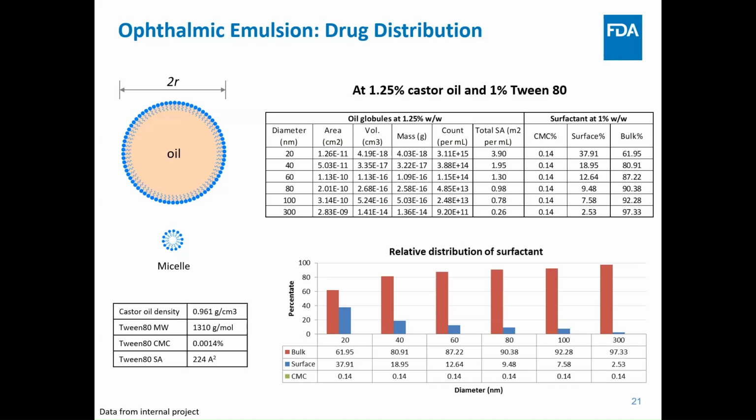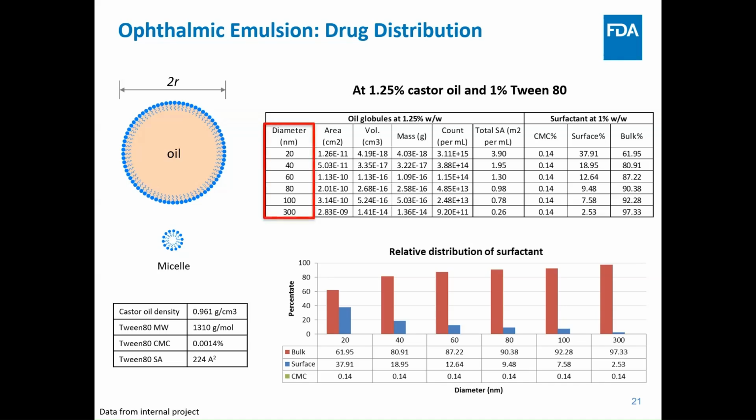In the formulation, we know the amount of oil, and if we know the size of the oil globule, we can calculate the surface area available for the surfactant to attach. Besides the surfactant on the surface and in the solvent, the rest will be micelles.